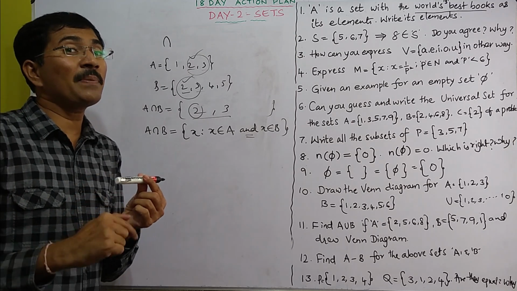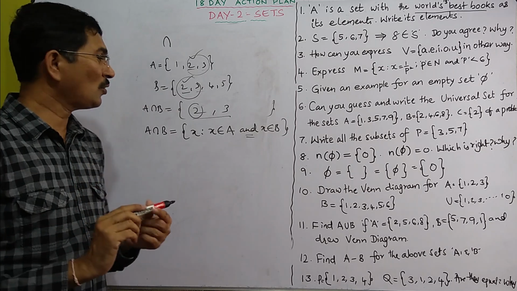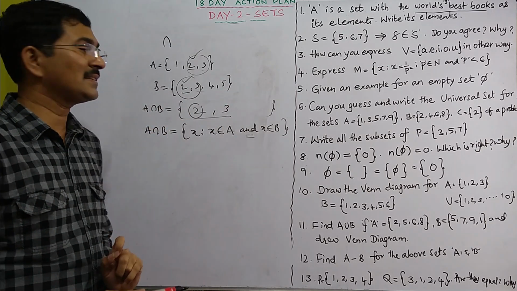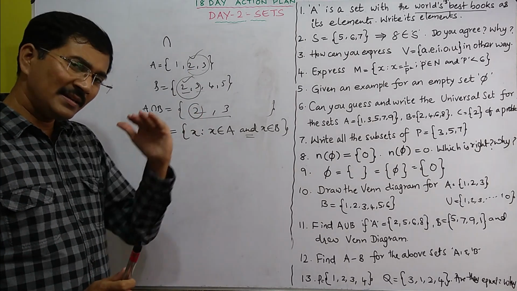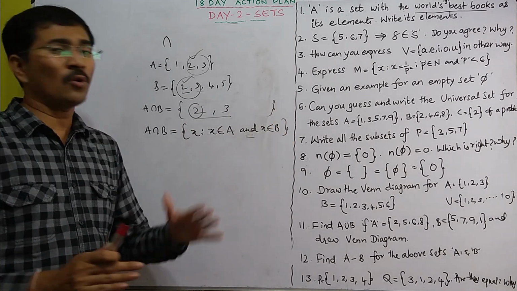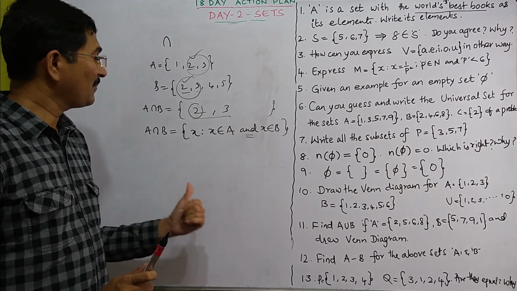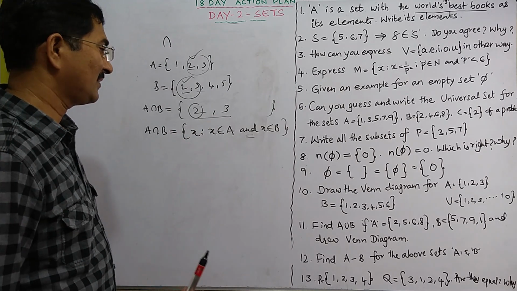But if I ask you red pen or blue pen, you will give only one, any one of them, not two. So in union it may belong to either that one or this one, sometimes to both also, but that is not the compulsory condition. But in this, the compulsory condition is that it should belong to both the sets.